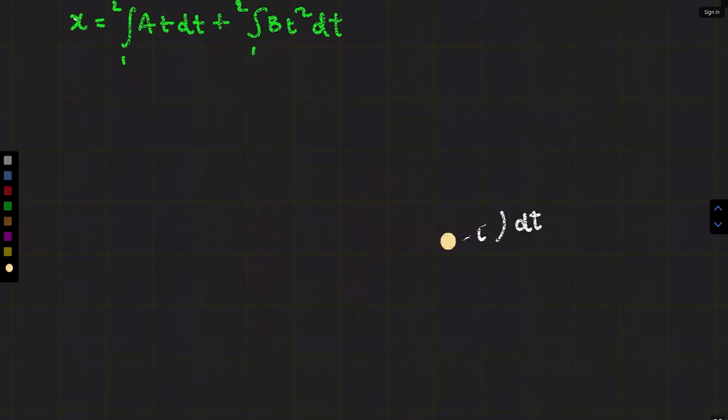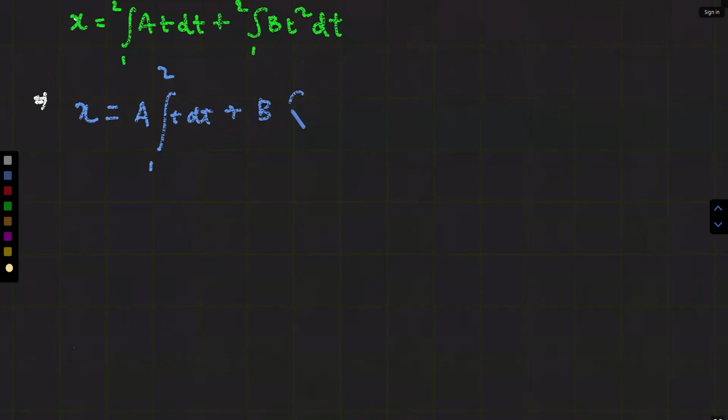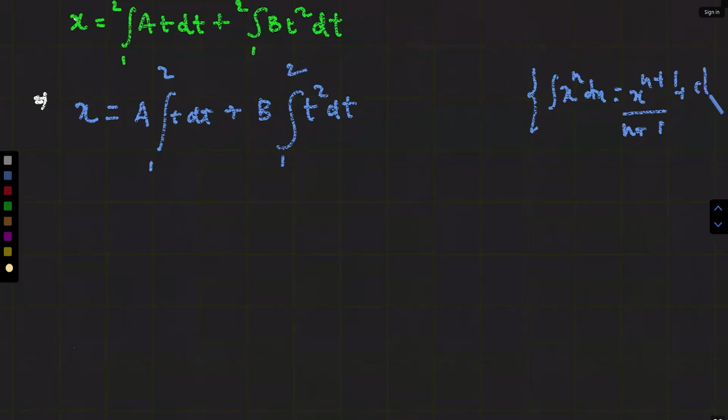So this is what we have. x is equal to a into, since it is constant, integration of 1 to 2 t dt plus b outside, integration of 1 to 2 t square dt. Now everyone should know the formula for integration of x to the power n dx, which is x to the power n plus 1 divided by n plus 1 plus c.